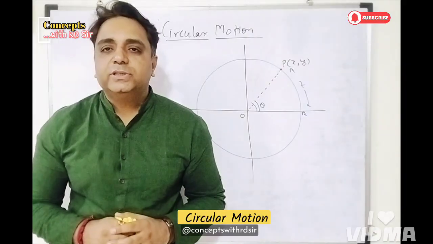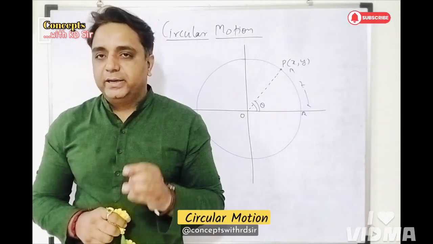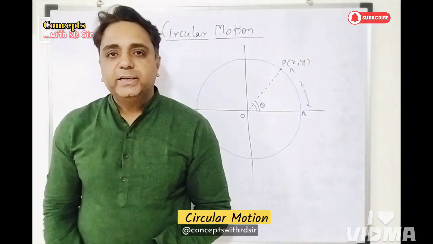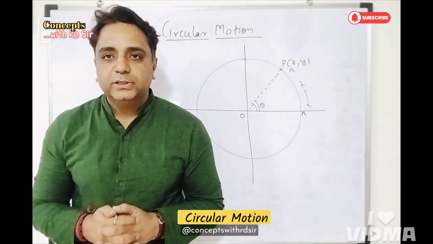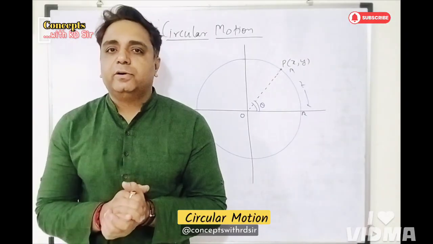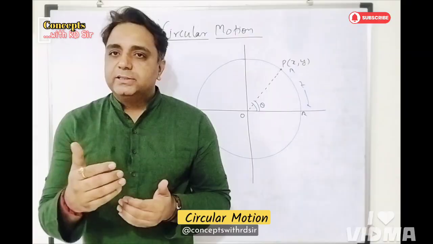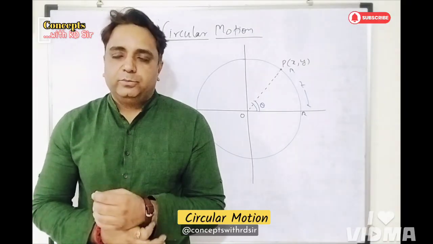In vertical circular motion, the speed of the particle varies from point to point. So there are two categories: one is called uniform circular motion and the second is non-uniform circular motion. Horizontal circular motion is an example of uniform circular motion, and vertical circular motion is an example of non-uniform circular motion.